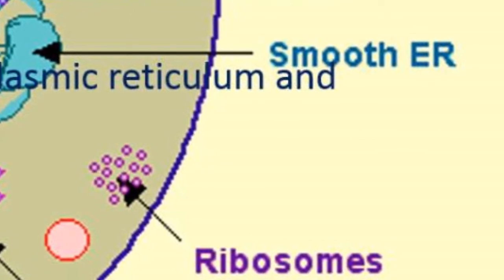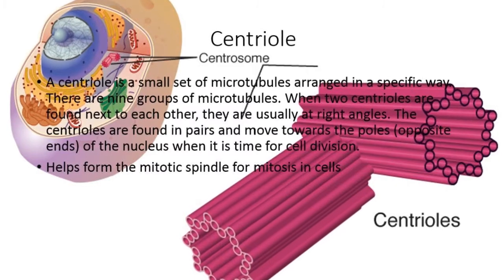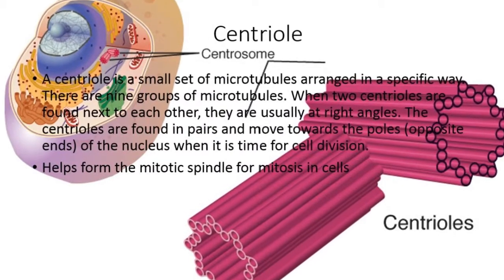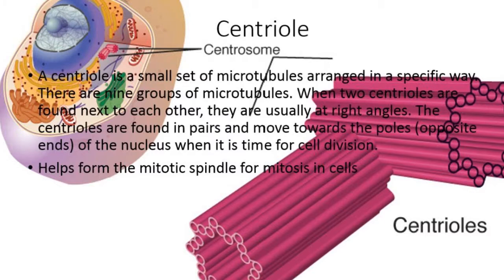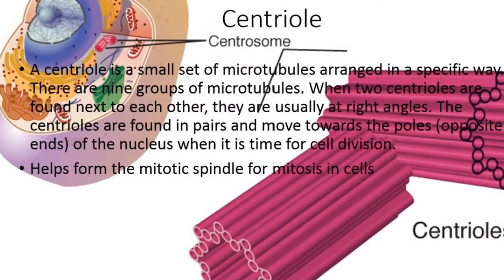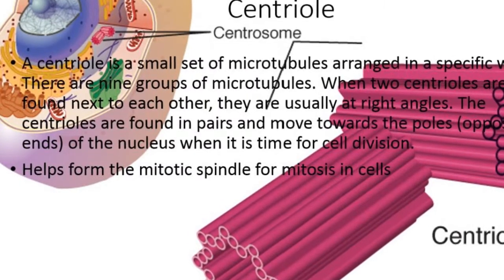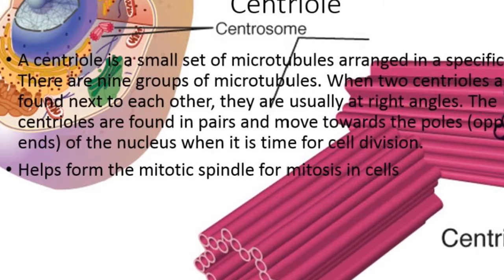Centriole. A centriole is a small set of microtubules arranged in a specific way. There are 9 groups of microtubules. When two centrioles are found next to each other, they are usually at a right angle.